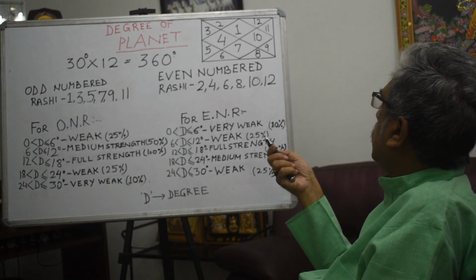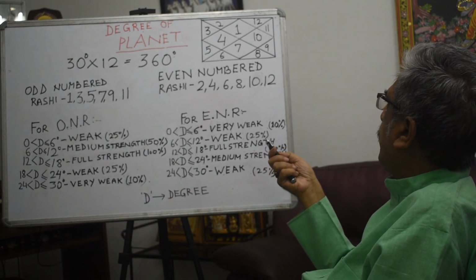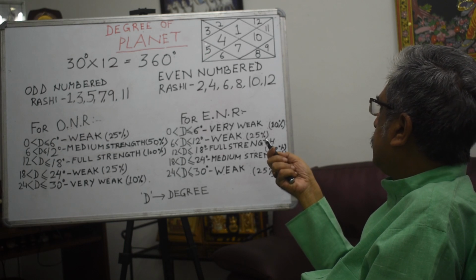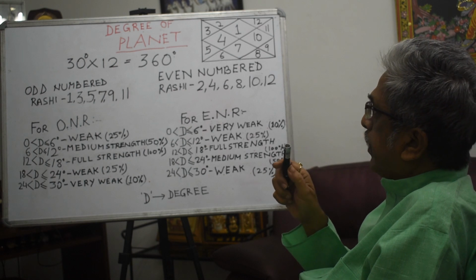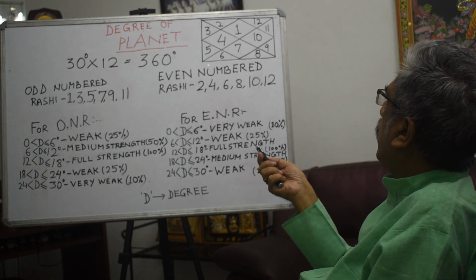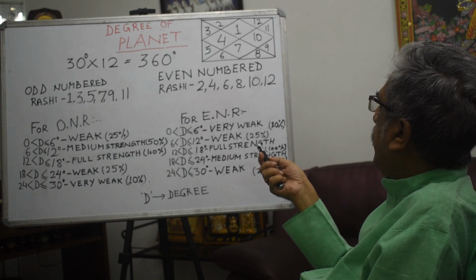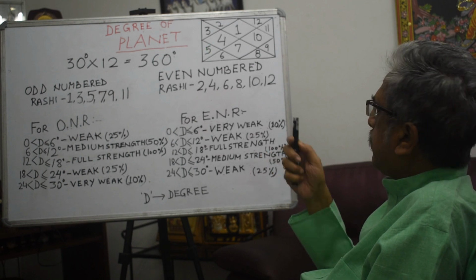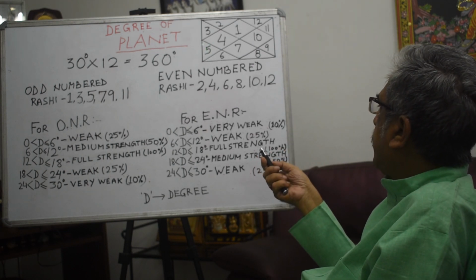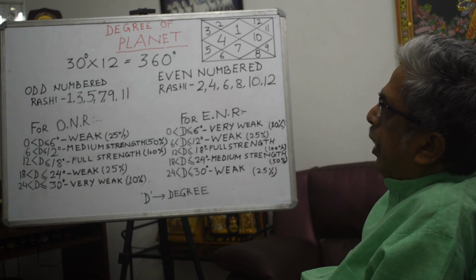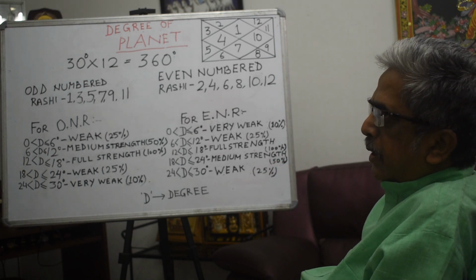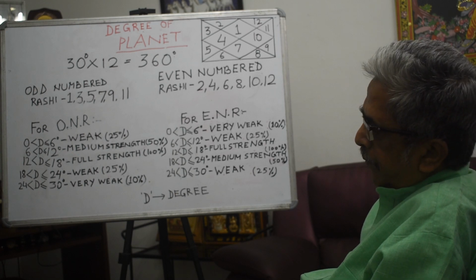Suppose Jupiter and Rahu are both placed in Leo Rashi. I am giving examples to explain the importance of degree. Suppose in Leo, Jupiter and Rahu are placed together, Jupiter at 3 degrees and Rahu at 15 degrees. What will happen? Rahu will suppress the positivity of Jupiter.